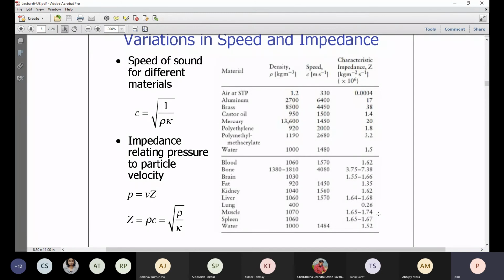But if there is some foreign object trapped inside, say kidney stones, in such cases that will be very prominent. Similarly, if there is muscle and fat, there is a good discontinuity, and that can also be imaged.